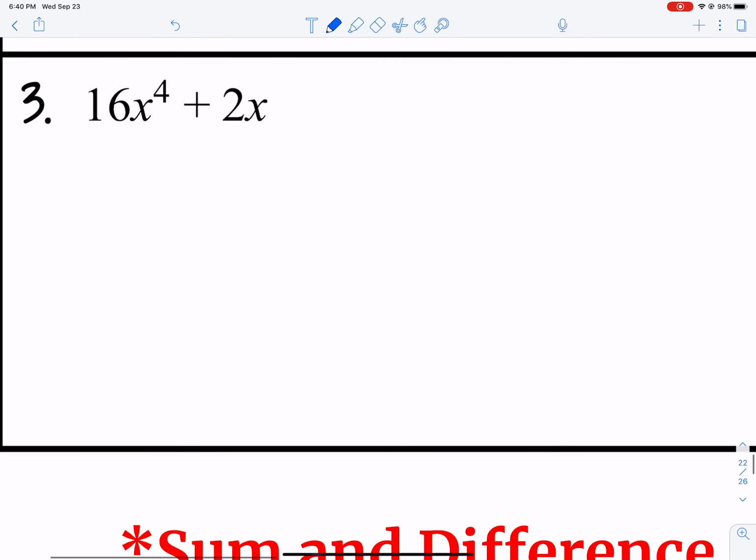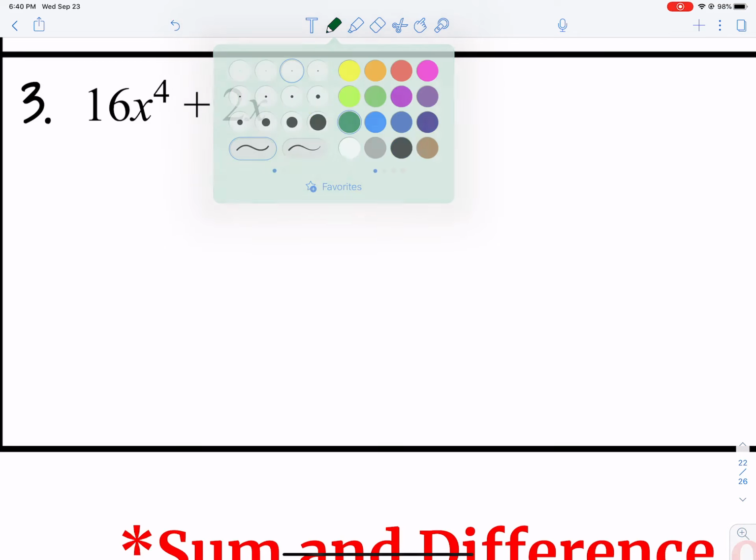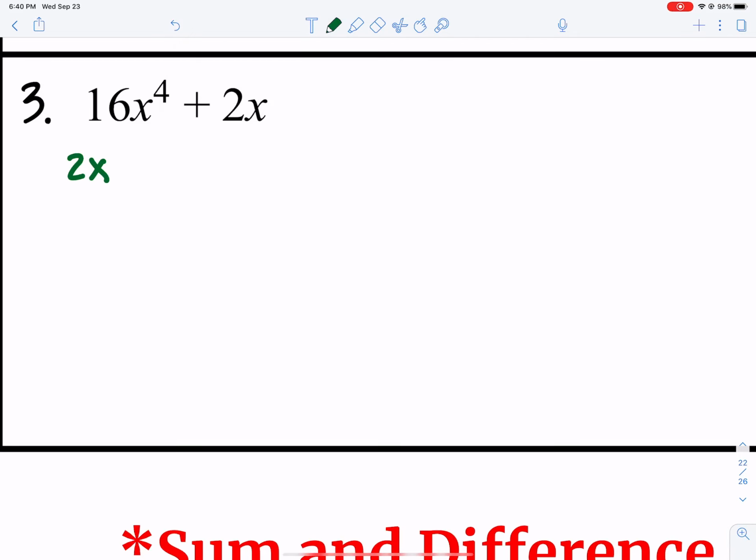But let's look at another one. We've got 16x to the 4th plus 2x. This one is not a perfect cube, but we could take out a greatest common factor first. So let's take out 2x, and we would get 8x cubed plus 1 left over. And what's left over is a sum of two cubes.